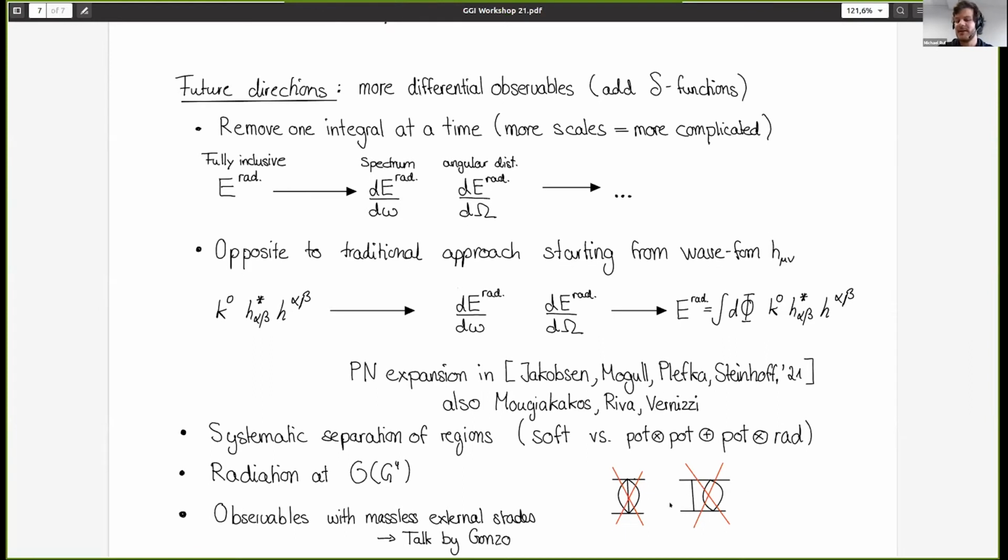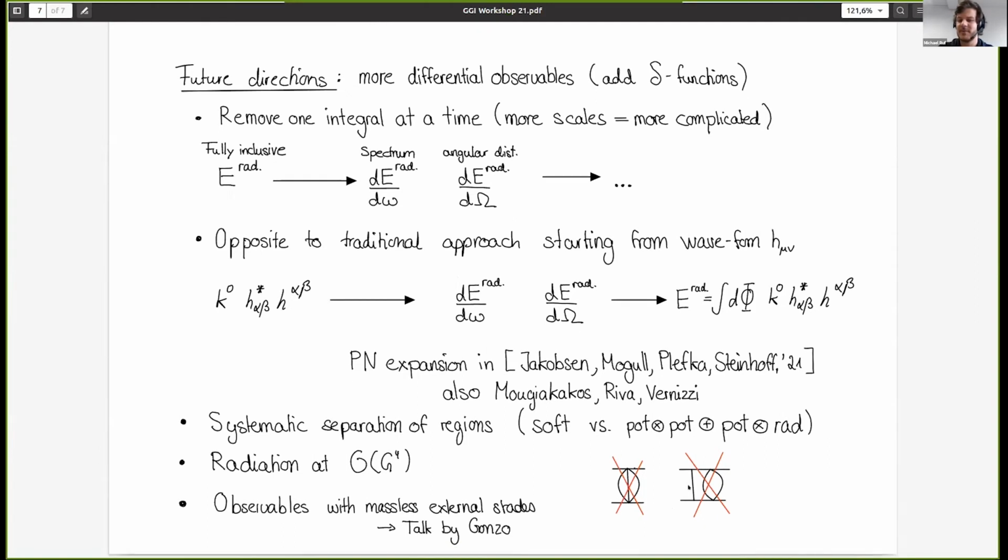This would already kill all diagrams, for example, the box bubble, which we would not think of as classical anyway. And we have a quite good understanding of how to change the boundary conditions from soft to a more restrictive region.